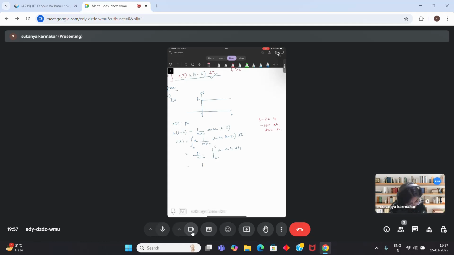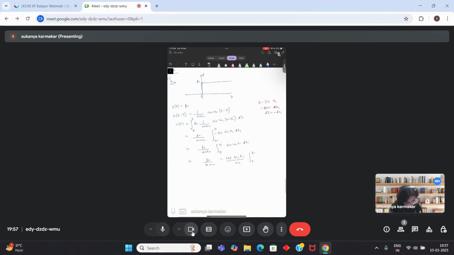Then you can write P naught by m omega n. Because I have the minus sign, I can reverse the limits: sine of omega n t1 dt1. So P naught by m omega n, integrating gives cos of omega n t1 by omega n from 0 to t.